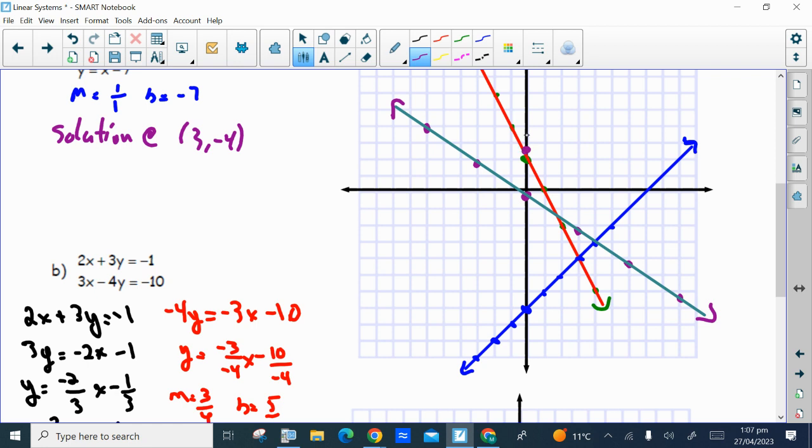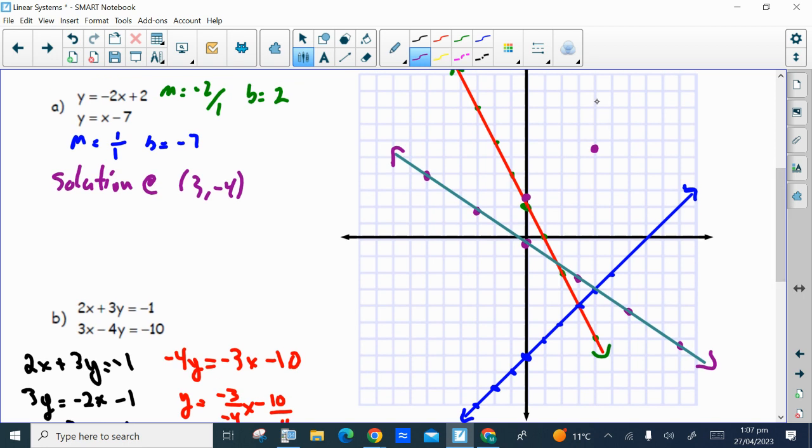So I'm going to rise 3, 1, 2, 3, and run 4. I can also rise negative 3, go down 1, 2, 3, and run negative 4. That works. Go down 3 and to the left 4.